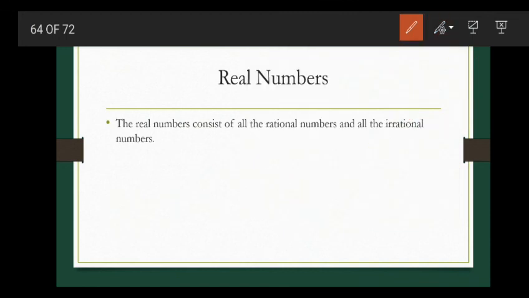We have already learnt what natural numbers and whole numbers are. Counting numbers are called natural numbers: 1, 2, 3.